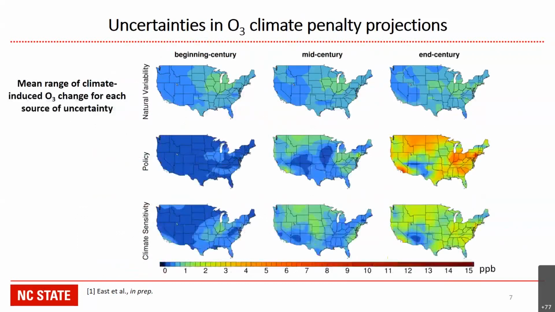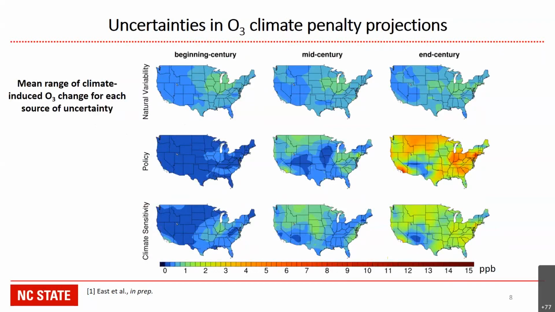That really allowed us to take a closer look at these 3 major sources of uncertainty: natural variability or internal variability within our model, the emissions or policy, and climate sensitivity as an indicator of climate model response.